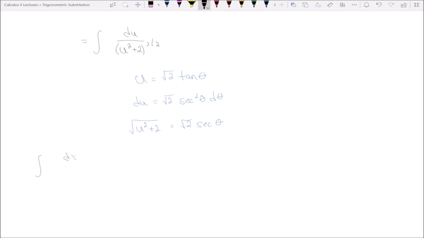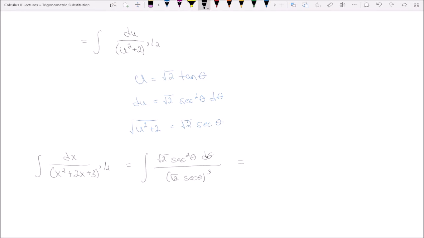What we've now done is we've taken our antiderivative and written it in this form. Square root of 2 secant squared theta d theta over square root of 2 secant of theta cubed.